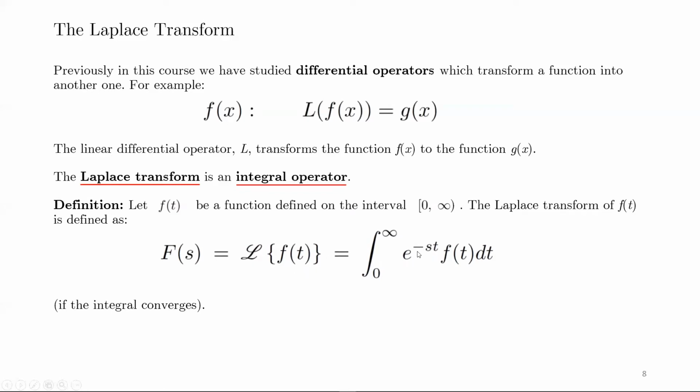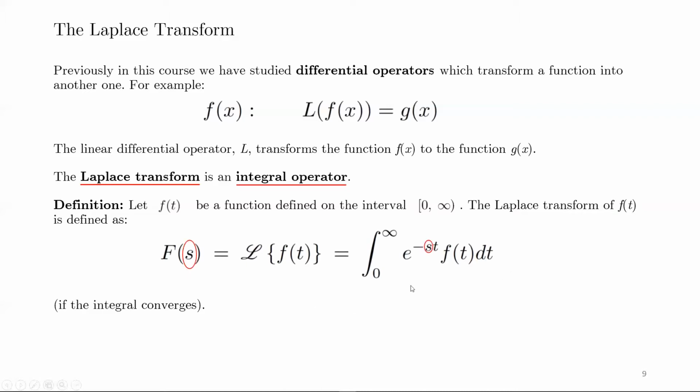So this exponential of minus s times t multiplied by our function f of t that we want to take the Laplace transform of. Okay, so we're integrating this with respect to this variable t, so dt here. Okay, and if this integral converges, then this is the definition of the Laplace transform. Okay, the integral must converge. So we have some special things to account for, which we'll see when we look at some examples.